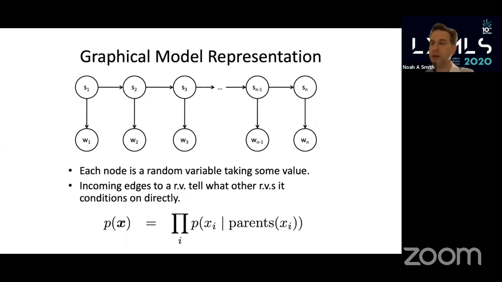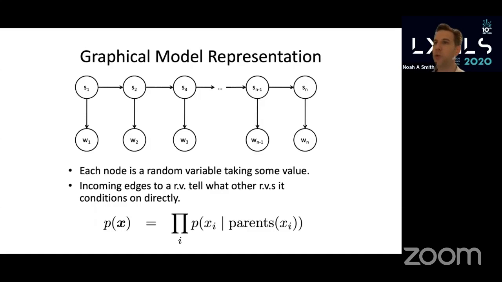This is just a graphical view of what we said before. Every node here is a random variable that's going to take some value. The incoming edges to a random variable tell you what other random variables it conditions on directly, so we sometimes call those its parents. You'll notice in the first-order HMM, every node only has one parent.